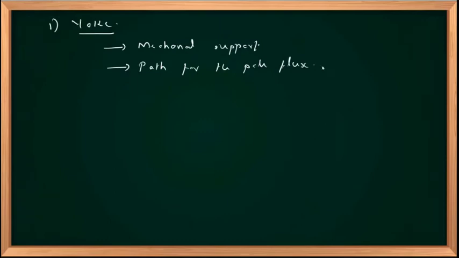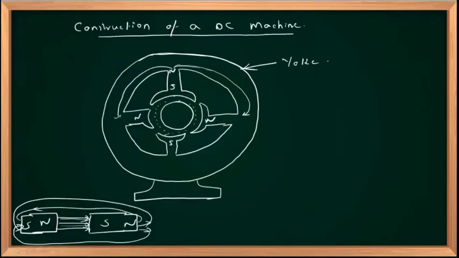Now the question is, how much flux will be flowing through the yoke? Suppose the flux per pole is 5.